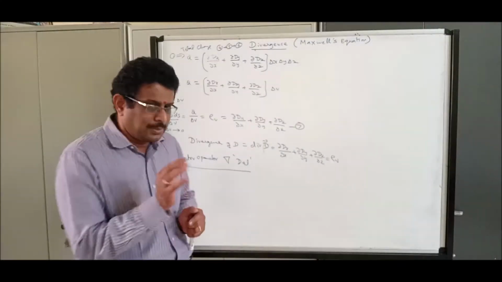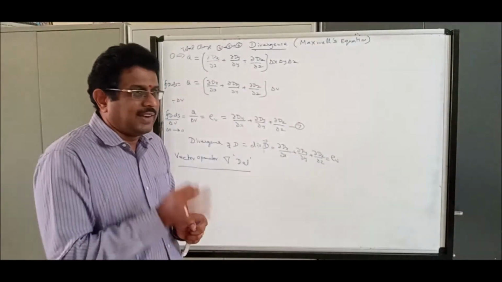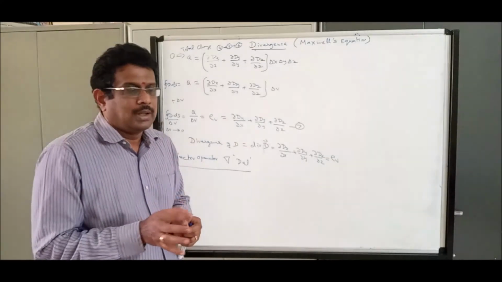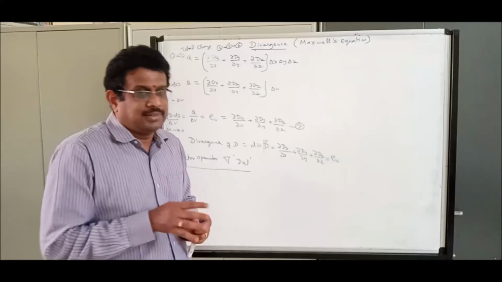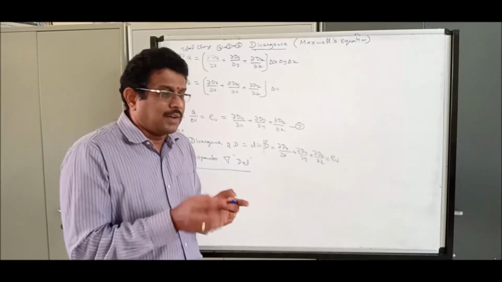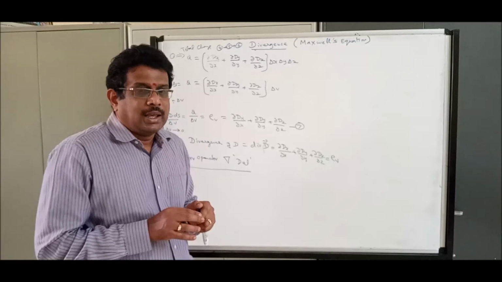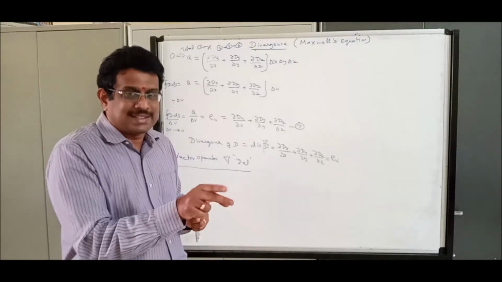Let me give you the definition. Please make a note. Del is a vector operator which defines variation of a quantity with respect to the coordinate system.